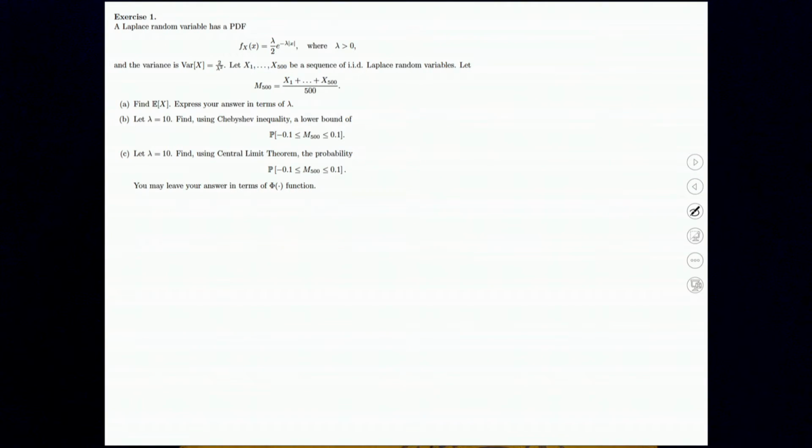And part C, use the central limit theorem to find the probability.